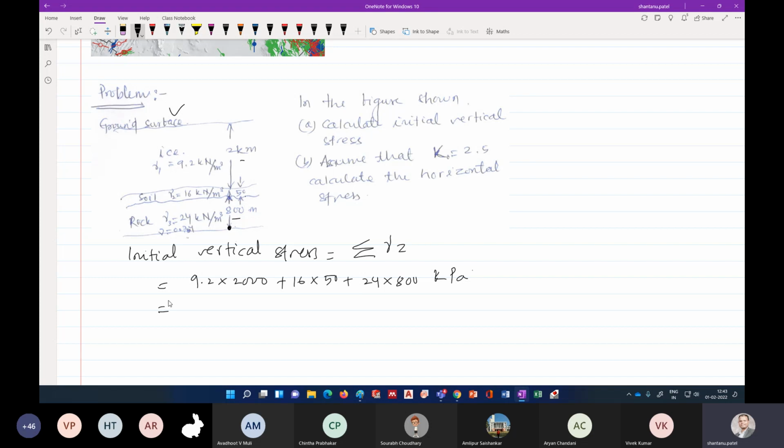Can anybody tell me what this answer is?